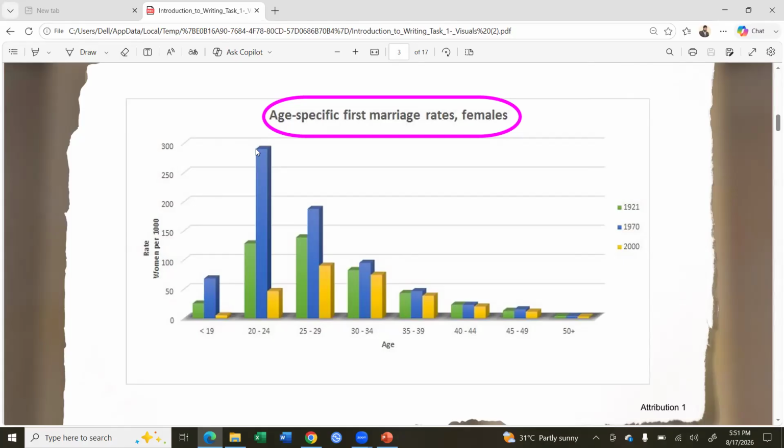So females who got married for the first time, aged 20 to 24 in the 1970s, it was the highest. It was at peak, right? Ladies at the age of 20 to 24 were marrying at around 280 out of 1,000 in this age group in the 1970s. Is it clear now?